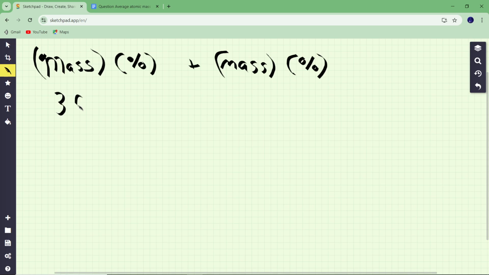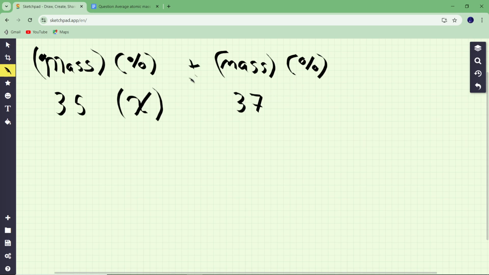We know we have chlorine 35 and we have chlorine 37. What it's asking us to solve is this percent right here, and we don't know what this percent is. So we're going to go ahead and put it as X. Here, we also don't know what this percent is.